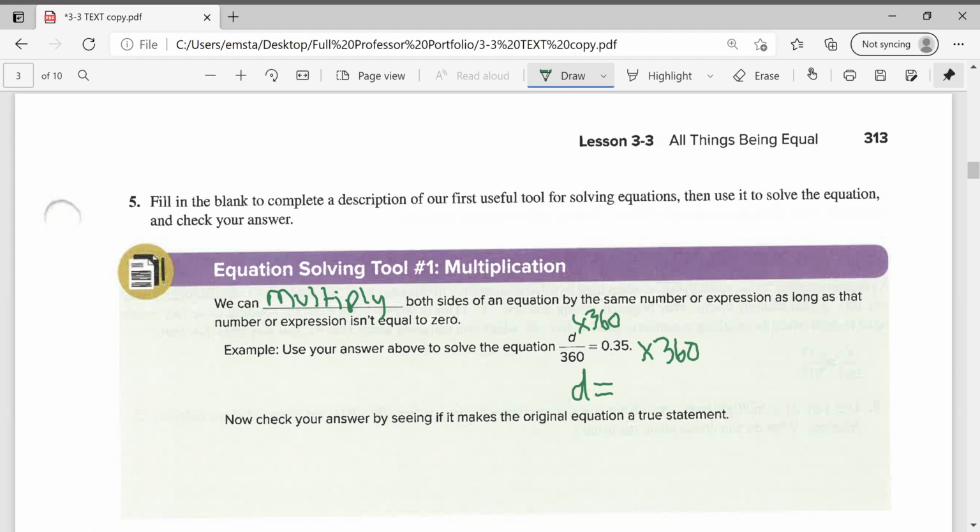And it should give you 126. To check that, you're going to take 126 divided by 360 and see if it equals 0.35. It should. If it doesn't, we've done something wrong.